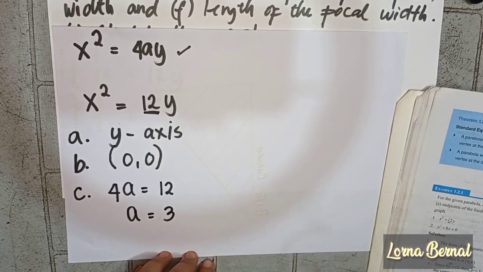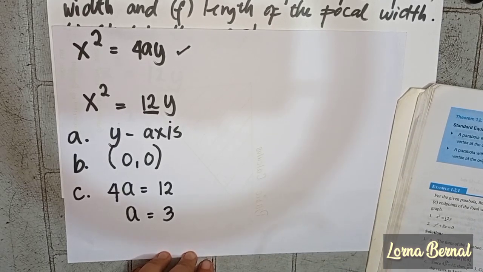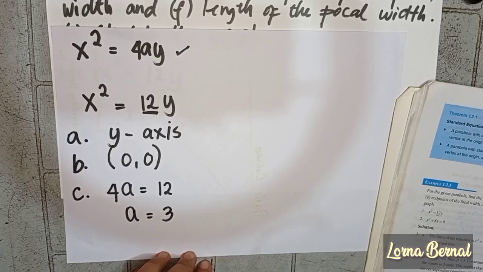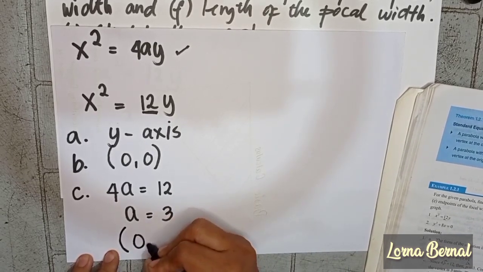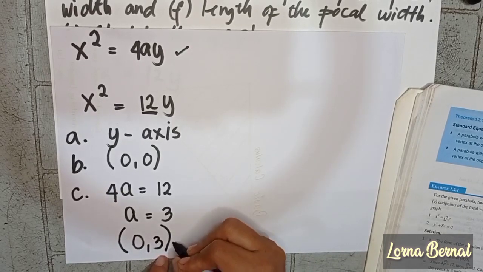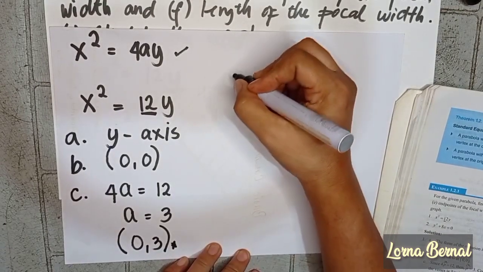So consequently, the directed distance of the focus from the vertex is 3 units. This implies that the focus is 3 units above the vertex, having a corresponding coordinate of 0, 3. Okay? So this is our coordinate of the focus.